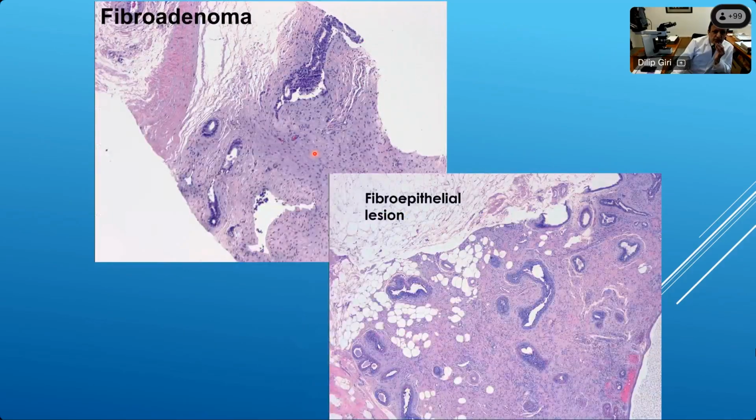Infiltrative borders, unlike circumscribed borders, is a pointer to a Phyllodes tumor. So here the stromal elements are infiltrating the fat at the edges, at the interface of the lesion and the reactive stroma.